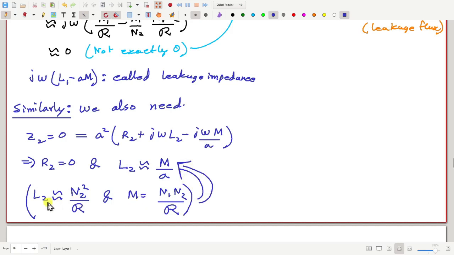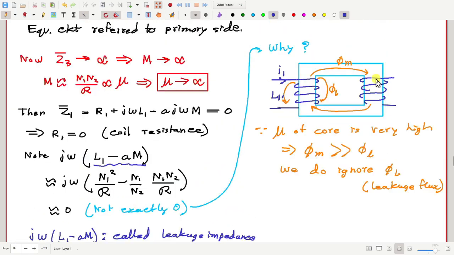But these two equations are only approximately true. Why? Once again, if you want to calculate the L2 of the second coil, we should also consider any flux that goes through the air, call it phi L2.